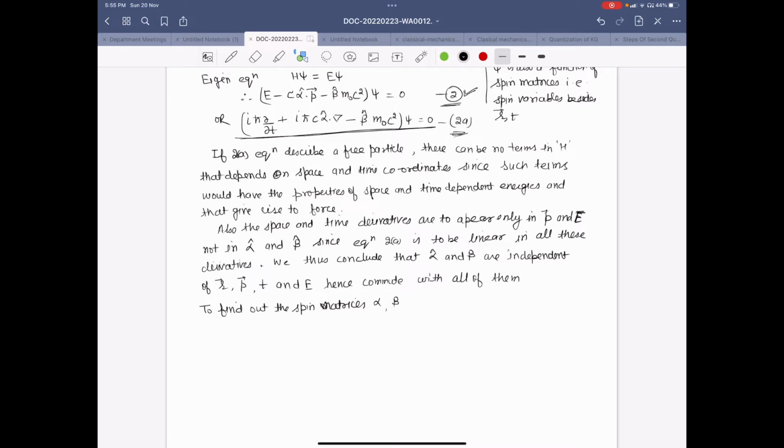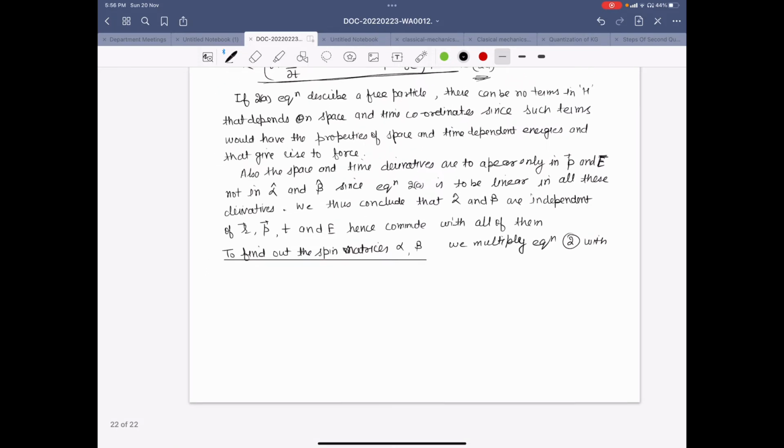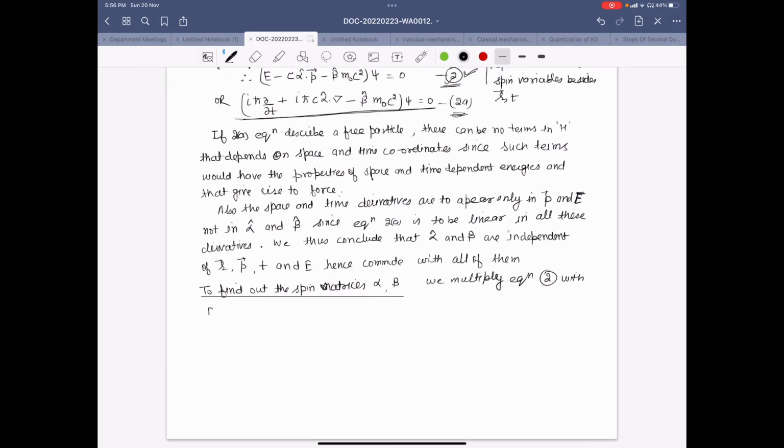Now to find out these spin matrices alpha and beta, we multiply equation 2 with E plus C alpha P plus beta M naught C square. We just multiply it by this factor, or we can say that pre-multiply by this factor.